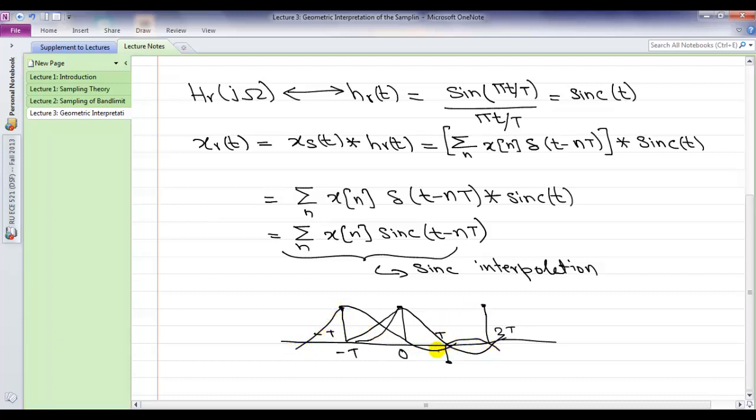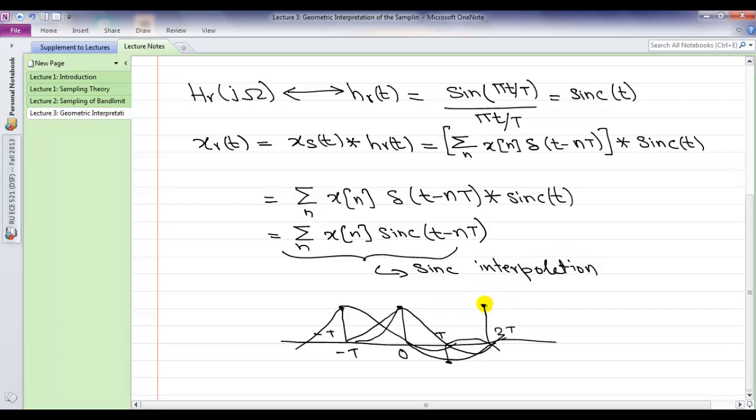Similarly, you have a sinc going from here, and all the zeros of the sinc are at all the sampling locations. You are given a few samples, and by putting sincs at the locations of the samples, where the height of each sinc is scaled by the sample value, if you add up all of those sincs, you get back the function, guaranteed. It's like you are filling in the values in between. That's called interpolation, as opposed to extrapolation, when you take samples and try to build up what will happen beyond the samples.